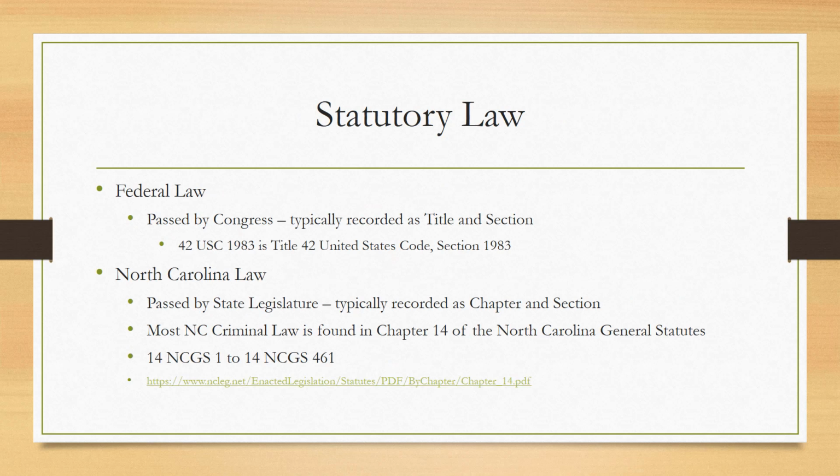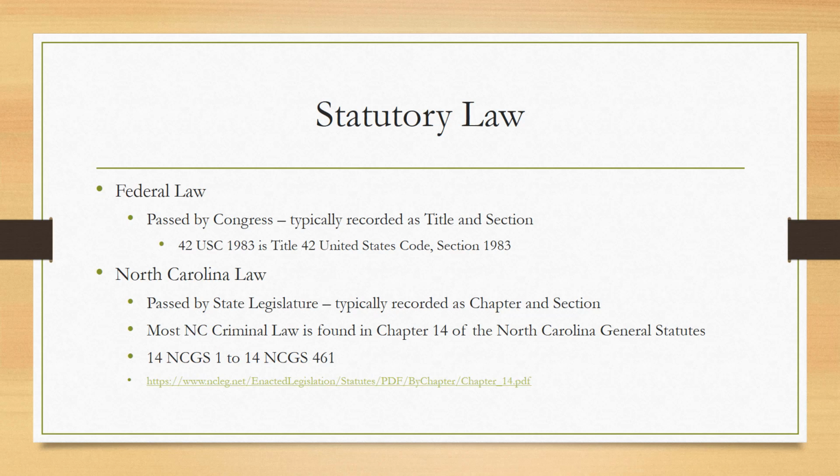There are very few direct criminal laws mentioned in the North Carolina Constitution. Most law, when people think about it, is in this category, statutory law. This can be law that is passed by either the Congress of the United States, the House and the Senate of the United States, or the North Carolina State Legislature, the North Carolina State House and North Carolina State Senate. The federal law is passed by Congress, and the way that it's described is typically title and section.